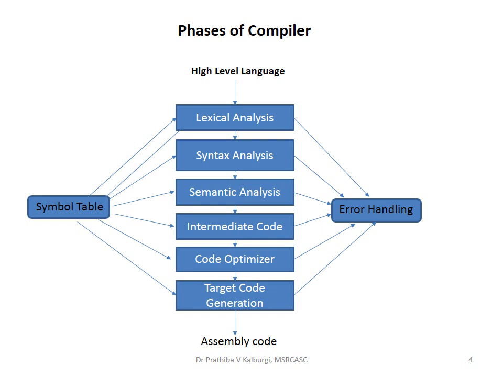The syntax analysis phase is also called a parser, which accepts tokens and converts them into a parse tree. Then this parse tree is sent to the semantic analysis phase.